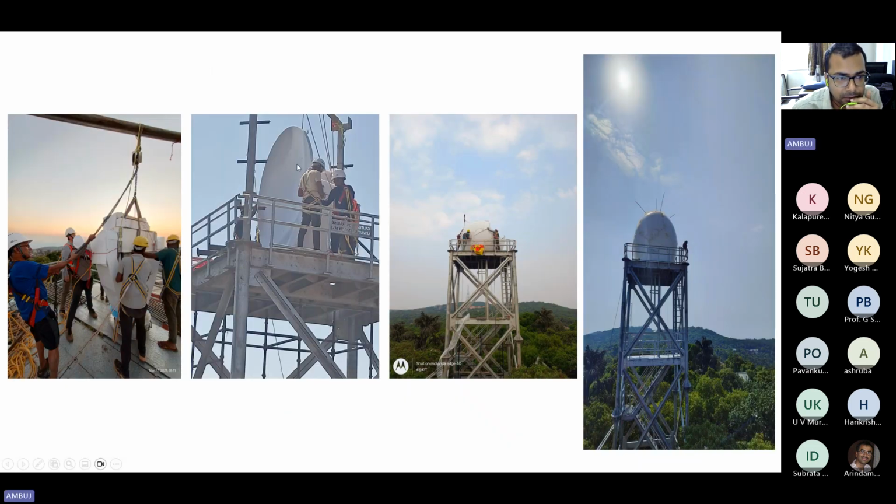And these are pictures from the installation of the radar. This shows the radar pedestal being mounted on the tower top. This is during the installation of the radar antenna. This is when radome installation was ongoing, and finally the radome and the radar system is installed over the radar tower.